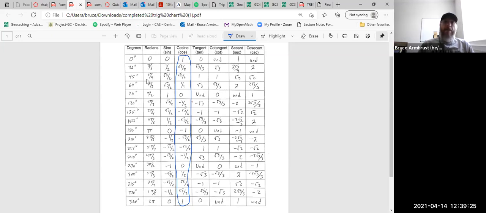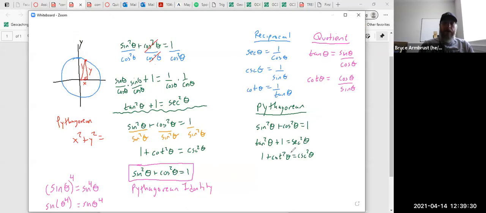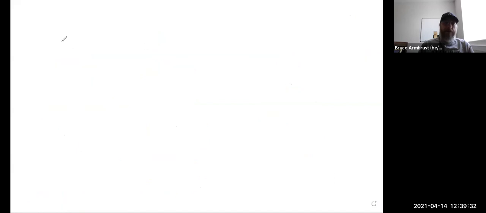All right, well, let's think about this as a function. Let's draw something new here. So here's the function that I want to think about: f of theta equals cosine of theta. Theta is going to be our variable.